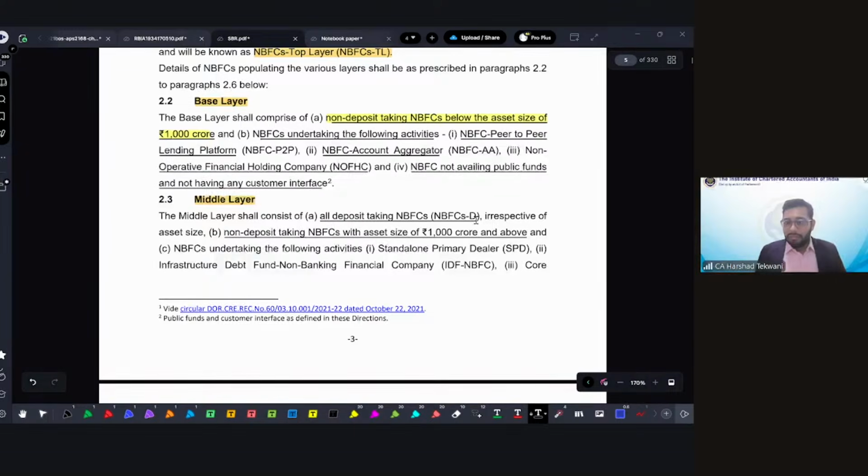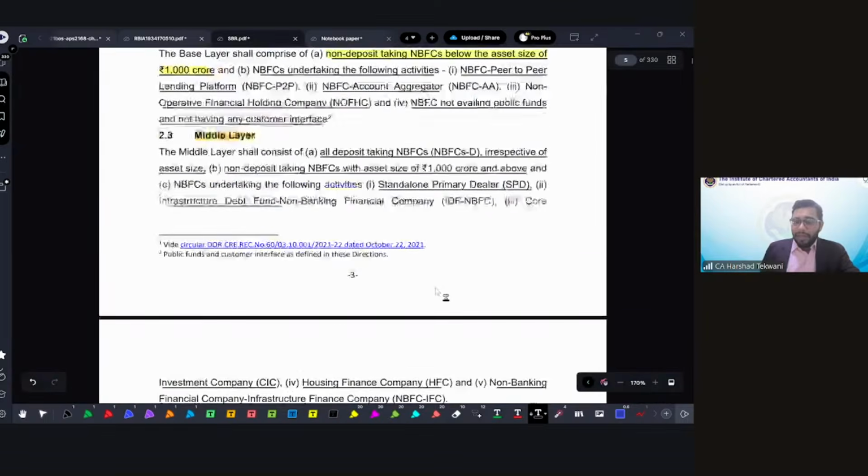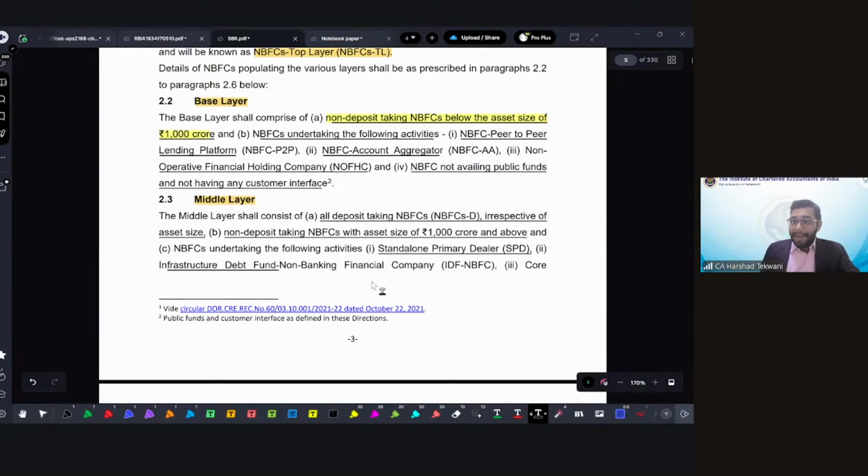All deposit taking, irrespective of the asset size, and the following activities: primary dealer, infrastructure debt fund, CIC, core investment company, sorry, housing finance company, NBFC, infrastructure finance company. So all these things will now fall into the middle layer. Remember, all deposit taking and non-deposit taking having asset size of 1000 crore and above, and the functions.